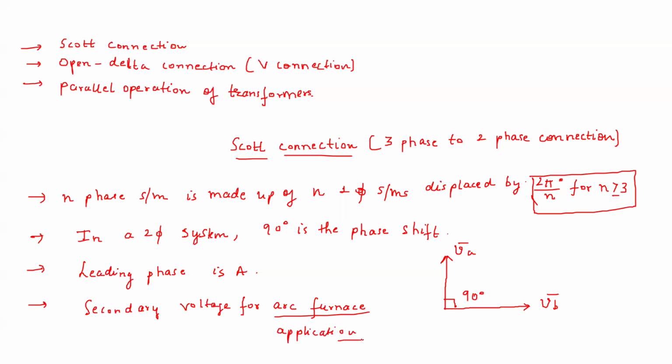So let us start with the Scott connection. Here it is made up of two transformers, namely the main transformer and the teaser transformer.